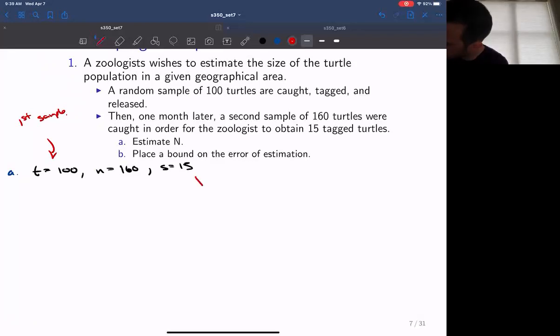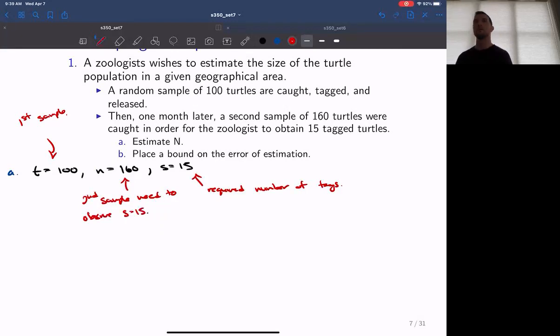This is going to be the required number of tags, and this will be the sample size, or second sample, needed to observe S equals 15.